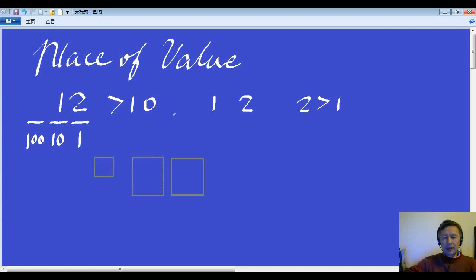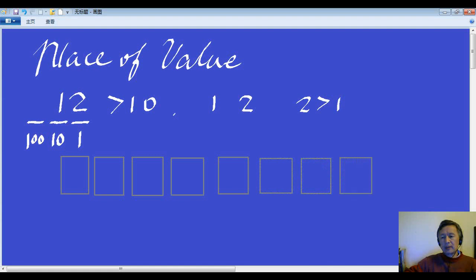I want to draw 4 boxes on the left hand side of the decimal point. I will just draw another few boxes, say perhaps 3 or 4. Oops, the size should be the same, but it doesn't matter. It's just for illustration purposes.